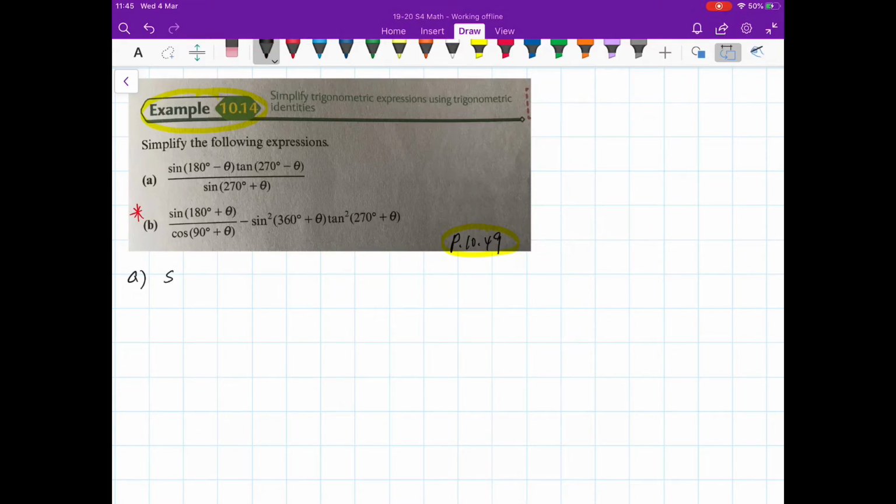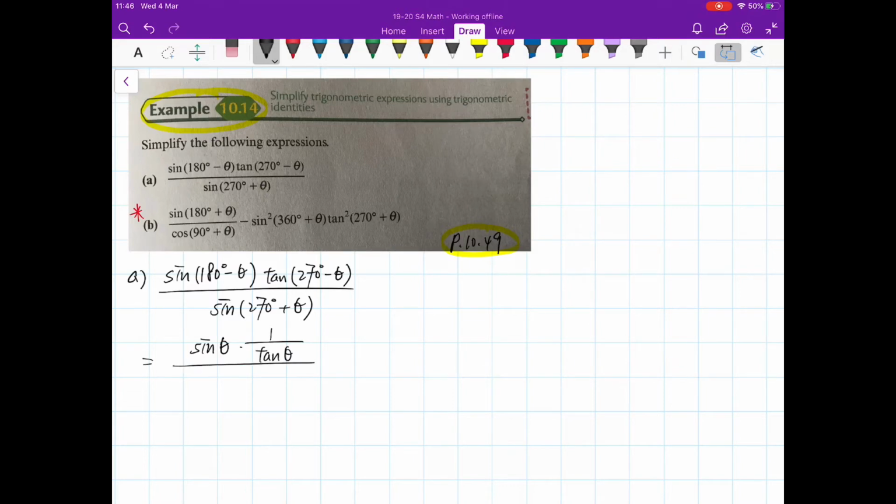Okay, for part A. Again, the first step is doing the transformation. I think you can do it by yourself, and the result will be sine theta times 1 over tangent theta over negative cosine theta.